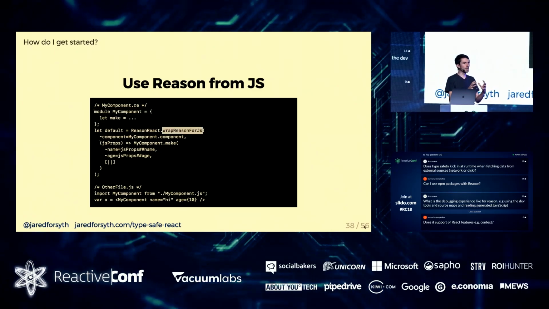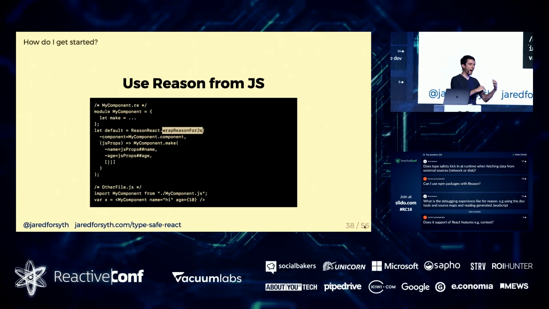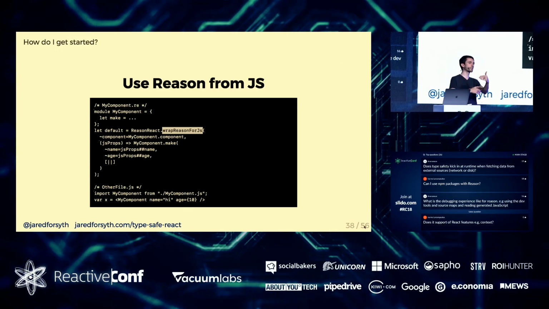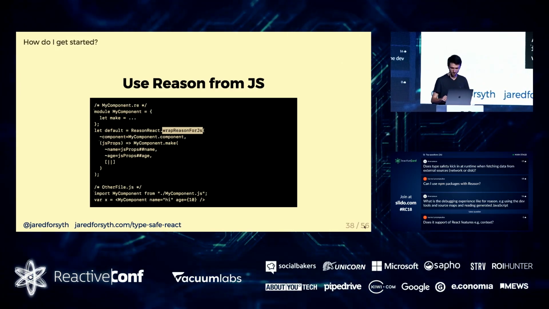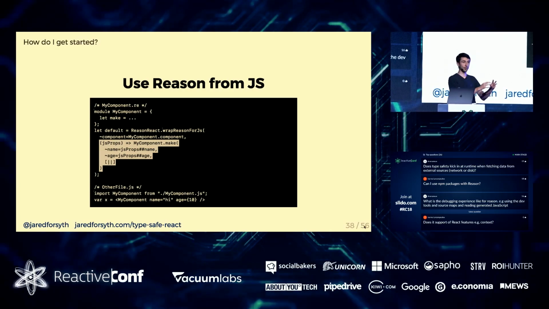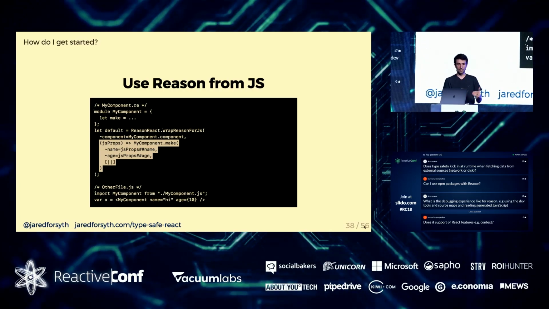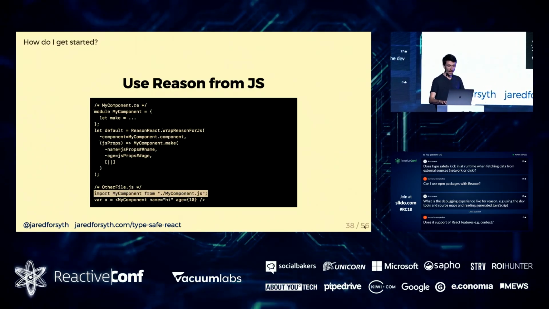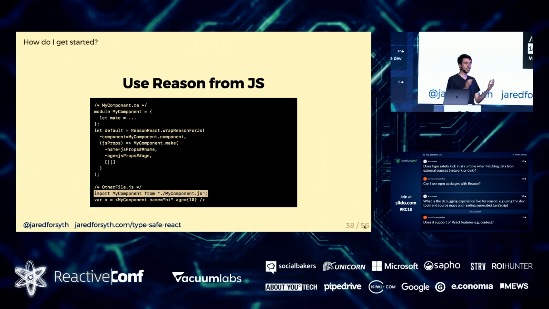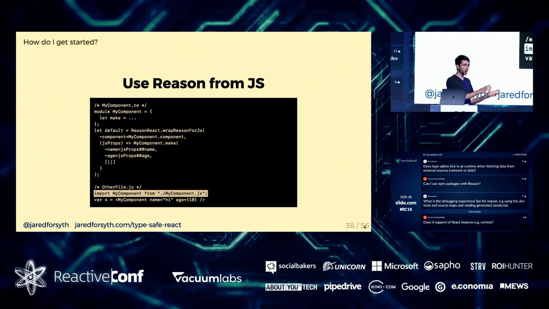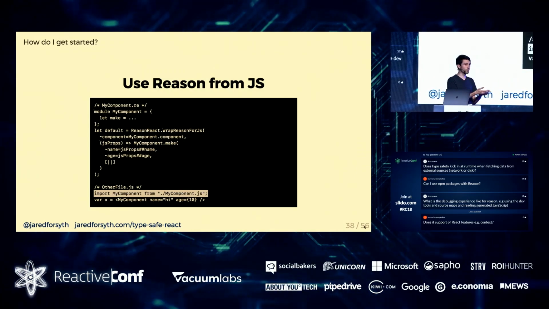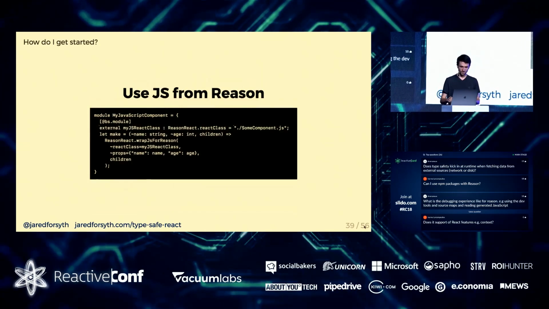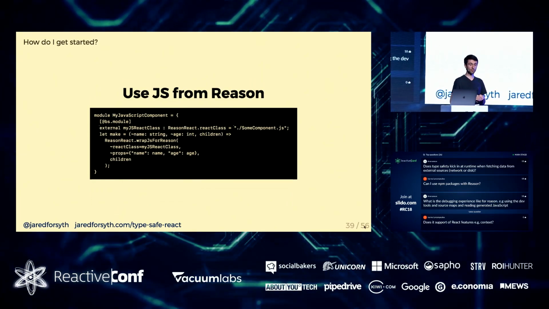And then we need to do a little bit of wrapping to show, OK, this is how you use JavaScript props, translating between the two languages just a little bit. Because JavaScript props are an object, and you need to pull out, in this case, the name and the age, and then pass them to the make function as arguments. And then from JavaScript, it couldn't be easier, right? It's literally just grabbing my component from the JavaScript file that was generated in the same directory and using it as normal.